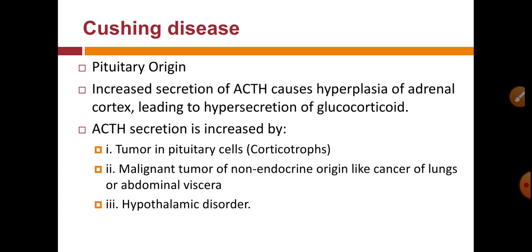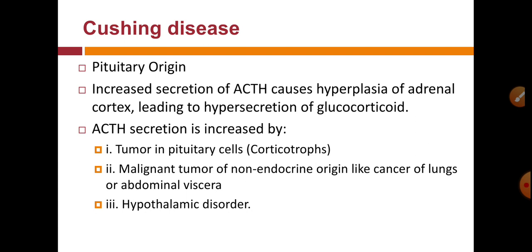Then the third cause is hypothalamic disorder. Hypothalamic disorder is also responsible for increased secretion of ACTH because CRH is the hormone secreted from the hypothalamus, and CRH is corticotroph releasing hormone. So corticotroph releasing hormone stimulates the anterior pituitary to secrete ACTH.